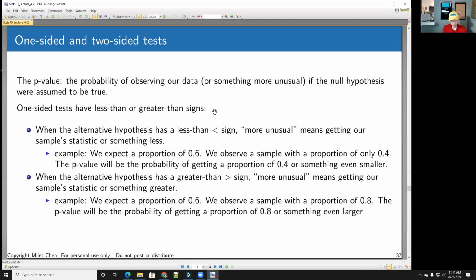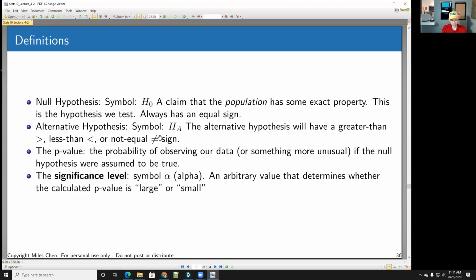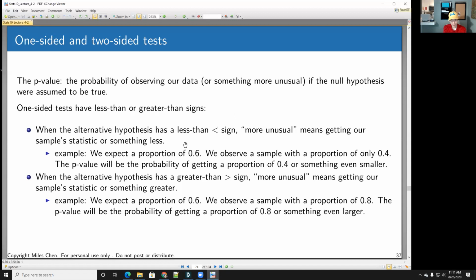When we talk about the alternative hypothesis and whether we should use a greater than, less than, or not equal sign, this brings up the issue of whether our test is a one-sided or two-sided test. Part of our definition of the p-value is that when we calculate a probability, it's not the probability of just our exact outcome in our data, but anything also more unusual.